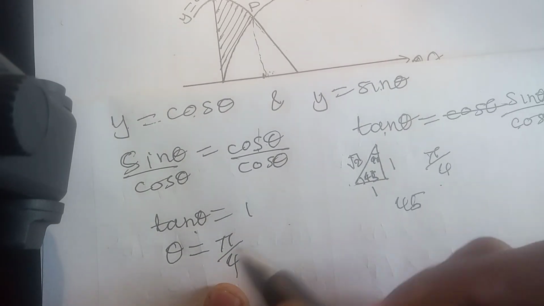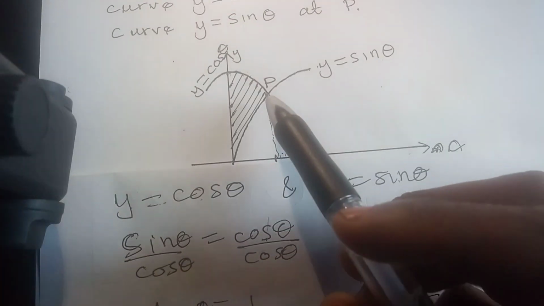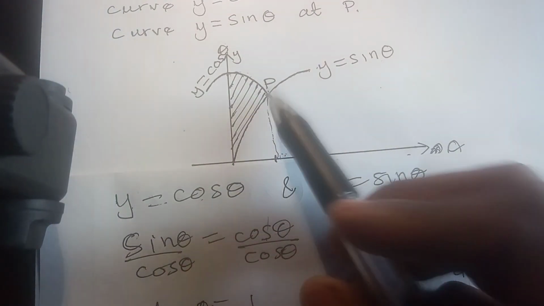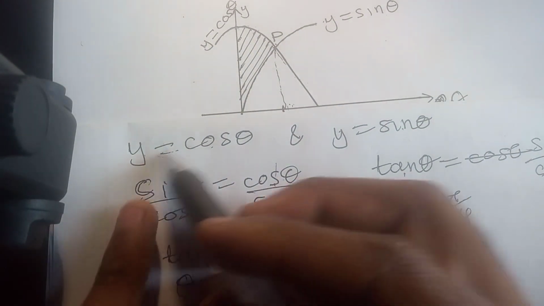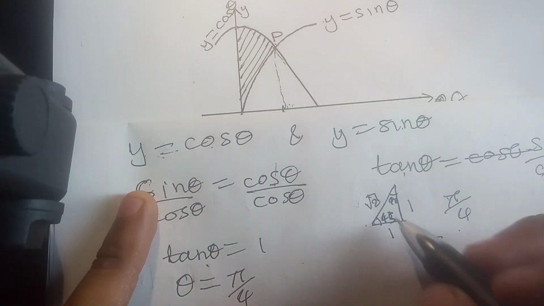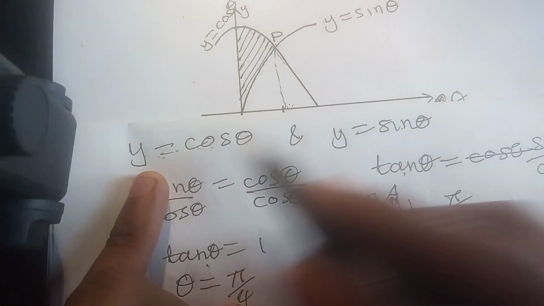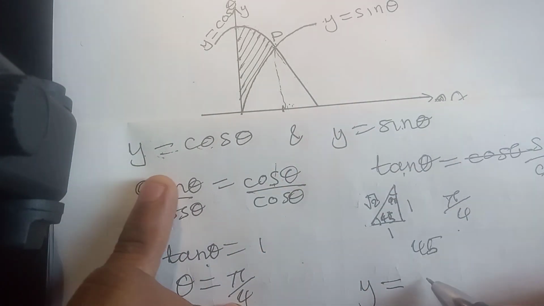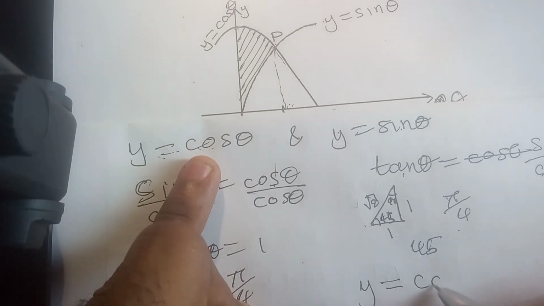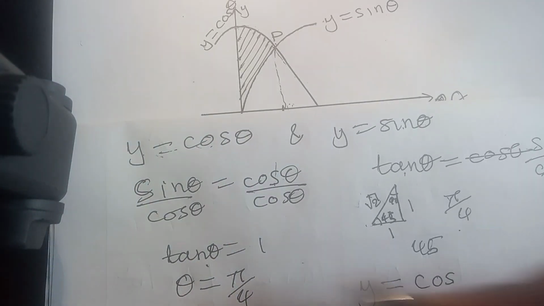So now remember that we are trying to find the coordinates of P. So you have to find the y coordinate as well. Using the same triangle, you can pick any of the two equations. I'll pick this one because our theta is pi over 4.